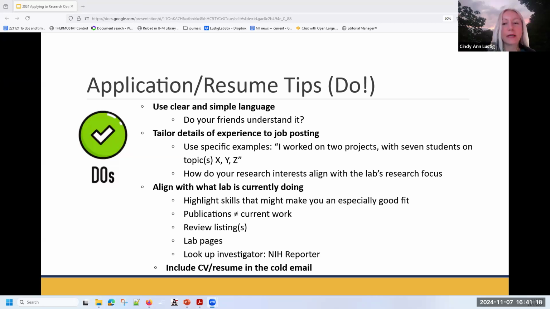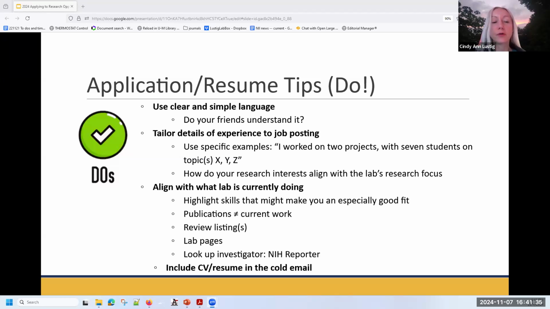Yeah, so what you want to take a look at is, particularly, their current publications within the past couple of years. So if you contact me about something that I did in 2010, there's a very good chance that the lab has moved on and has started something new.